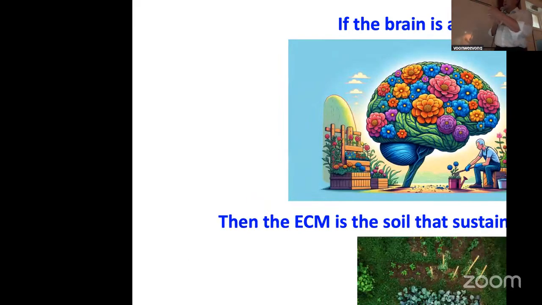So I think this is a nice way to think about the extracellular matrix. This is the idea of a former postdoctoral fellow, Samira, who is now an assistant professor at the University of Toronto.